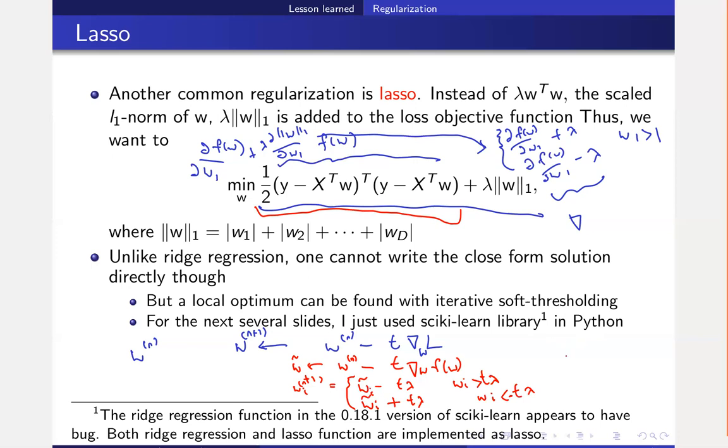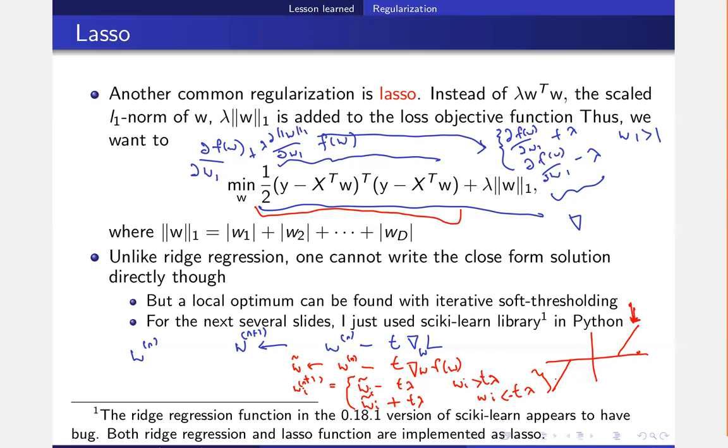Let's see. I will have this soft threshold, which will be something like that. Oh, wait, I should write it like this. So if the original value is say here, you kind of push it down when it's positive and larger than t lambda.